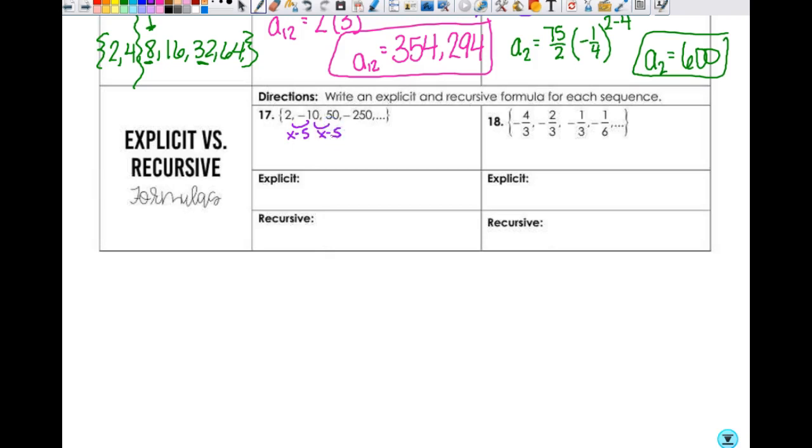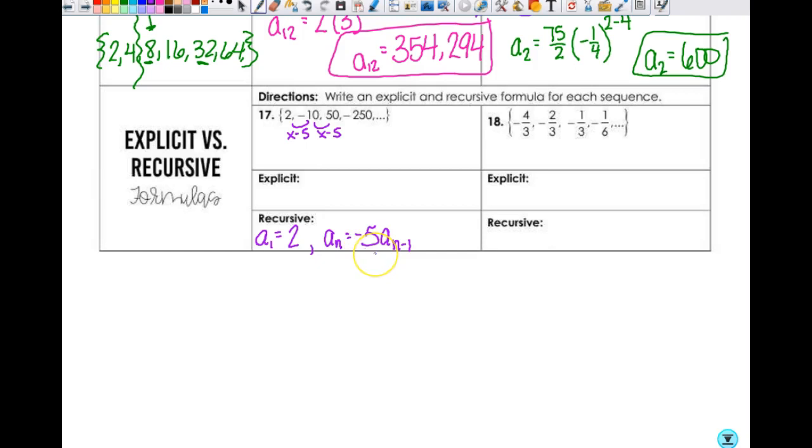So with the recursive, you have to identify the first term, at least the first term. A1 is 2. Then I can say that A sub n is equal to -5 times A sub n minus 1. Because basically this means whatever term I'm looking for, I take the term before it, multiply it by -5.